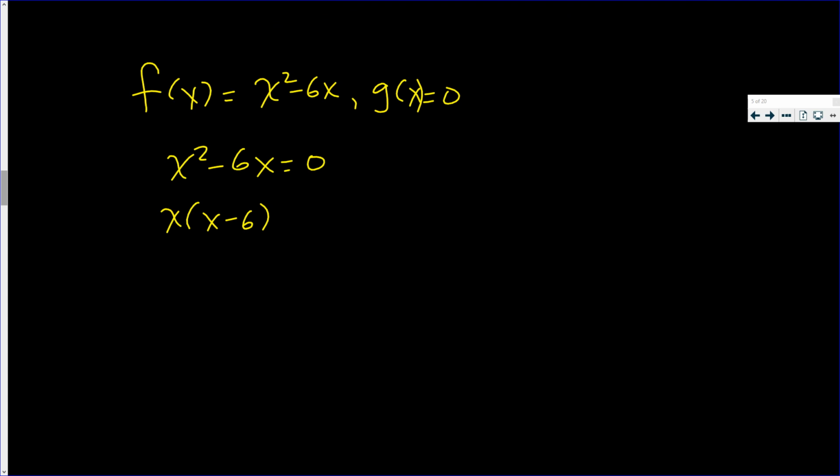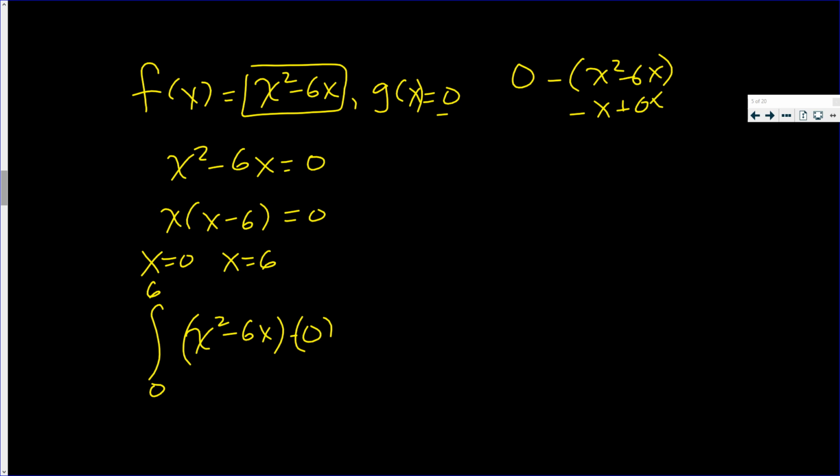Wonderful. So I'm going to integrate from 0 to 6. I'm going to pick that function to be the first one. Why? Because I'm an expert in taking away 0, which is the other function. I'm less of an expert taking stuff away from 0, because then I'm going to have to remember to change the signs. No way. Taking away 0, that's my speed. That is definitely my speed.